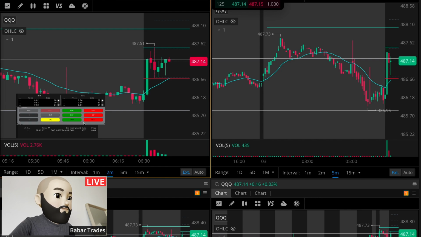Order filled. Event of the trade. Still a little hesitant with the way that green candle just closed. I'm okay with taking a loss if I need to.